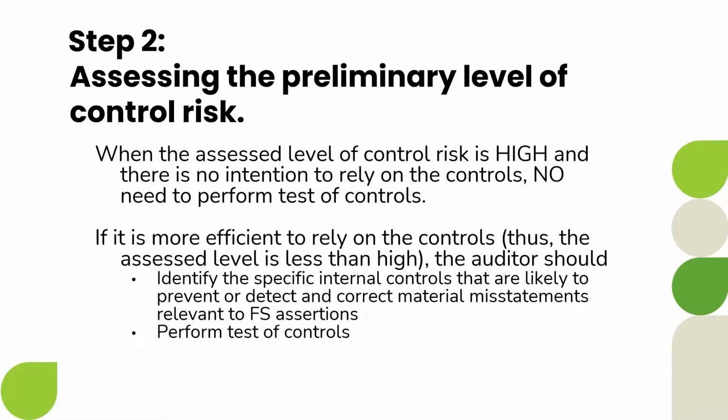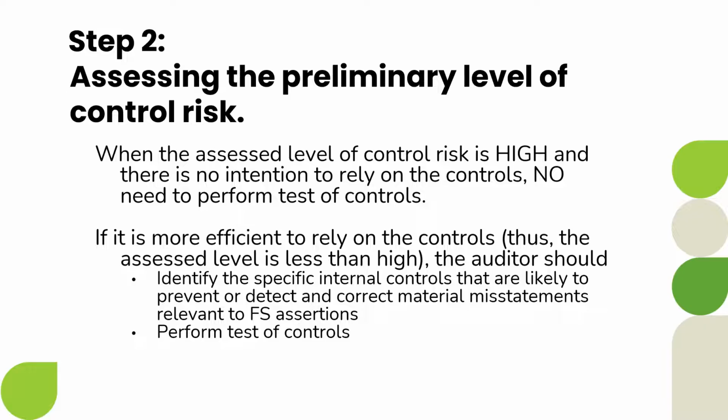Step two, we'll talk about assessing the preliminary level of control risk. And we know this one already. When the assessed level of control risk is high or maximum, that means there's no intention to rely on the controls. You don't need to perform tests of controls. You can just automatically equate your preliminary assessment to the final assessment and perform extensive substantive testing.